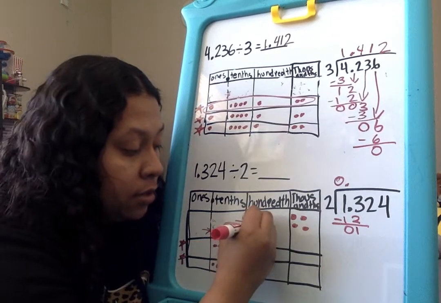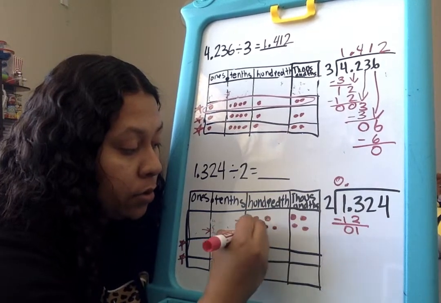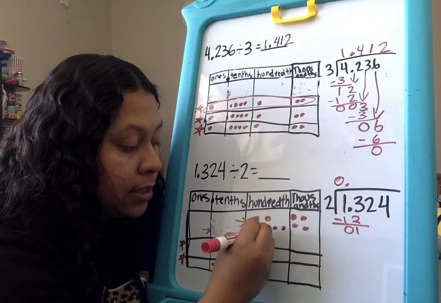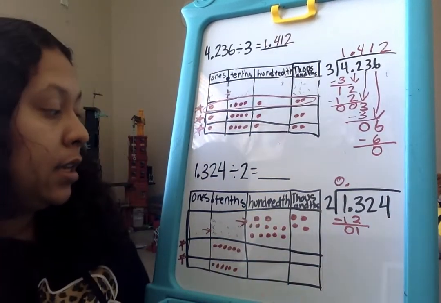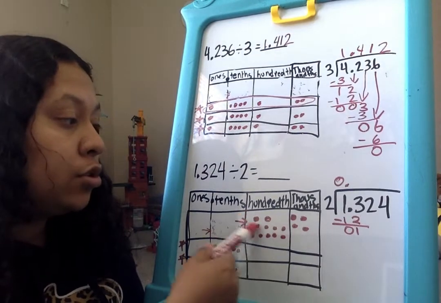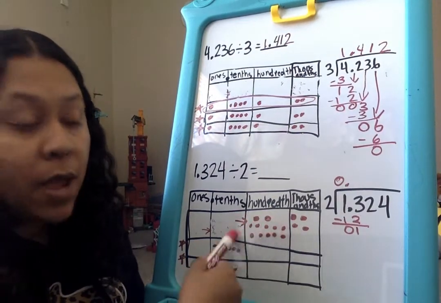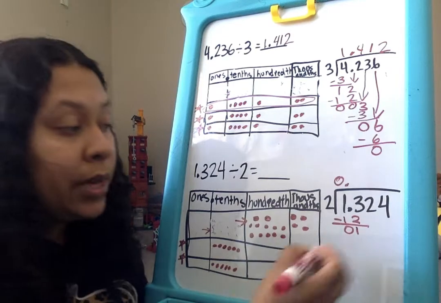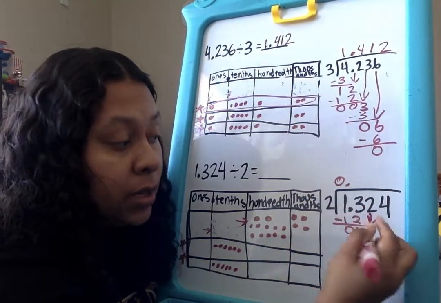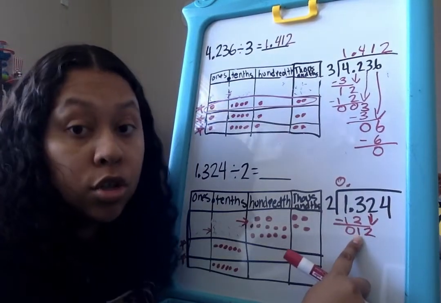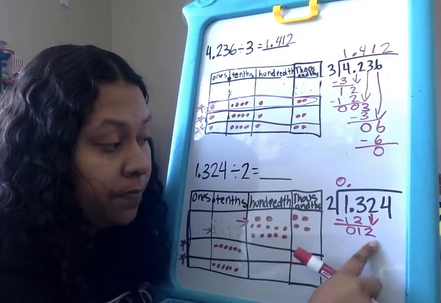So 1, 2, 3, 4, 5, 6, 7, 8, 9, 10. Okay, so now if we had 2 hundredths already and we added 10 hundredths more, we now have 12 hundredths. So now we need to bring down the 2 hundredths here to show 12 hundredths, okay?